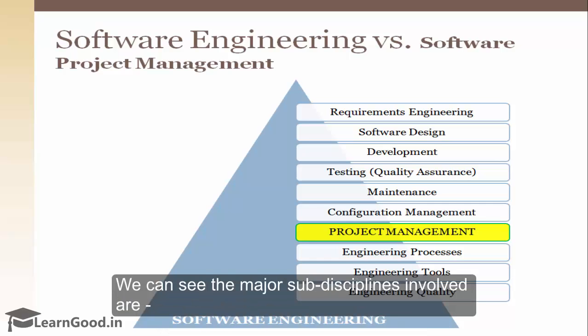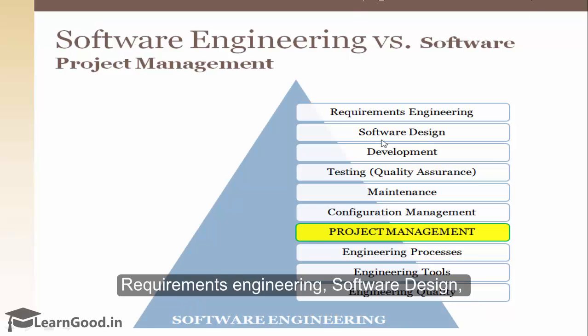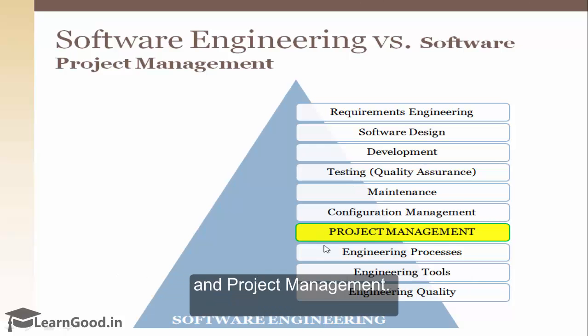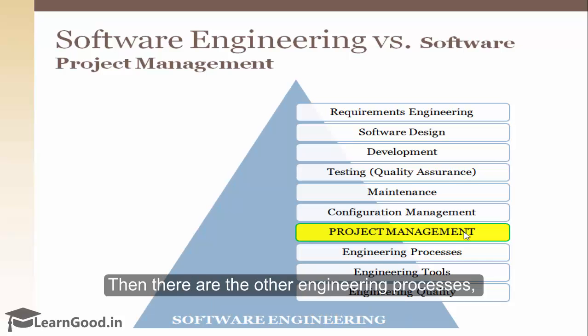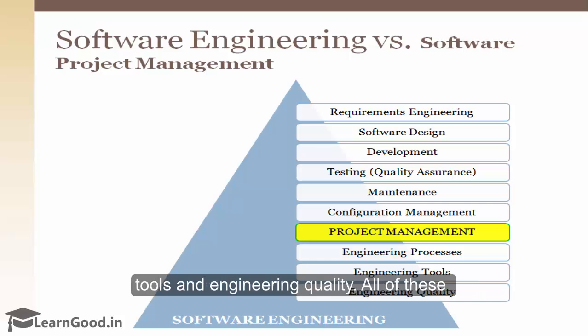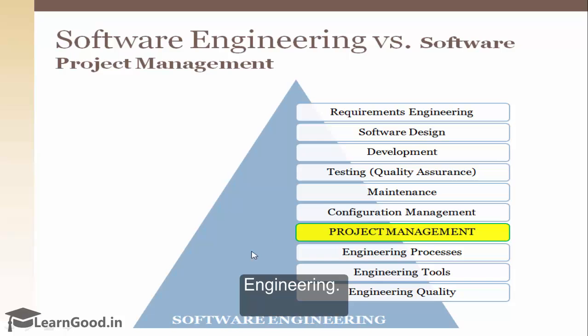We can see the major subdisciplines involved are requirements engineering, software design, development, testing, maintenance, configuration management, and project management. Then there are the other engineering processes, engineering tools, and engineering quality assurance. All of these together make up the discipline of software engineering.